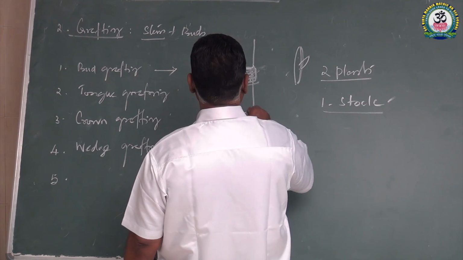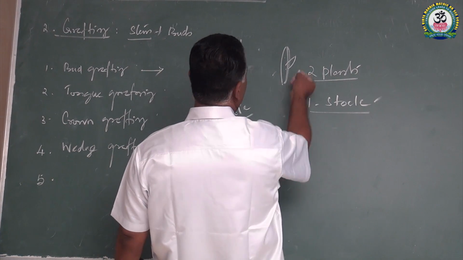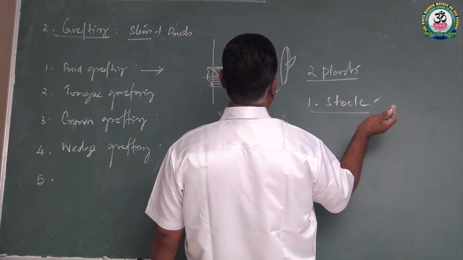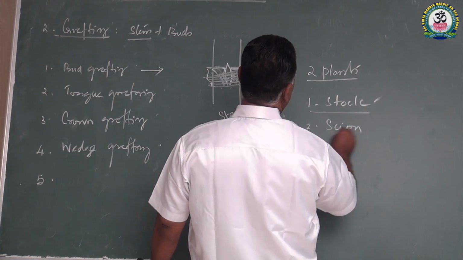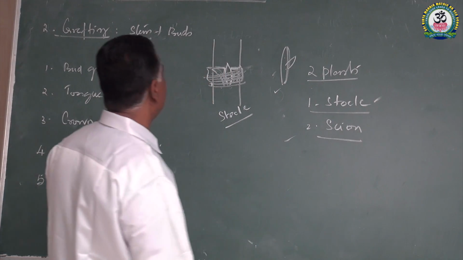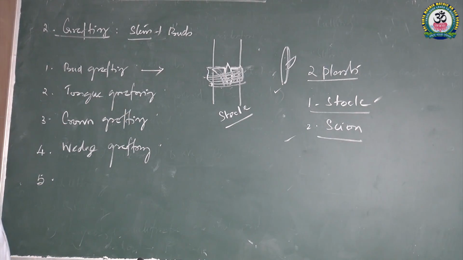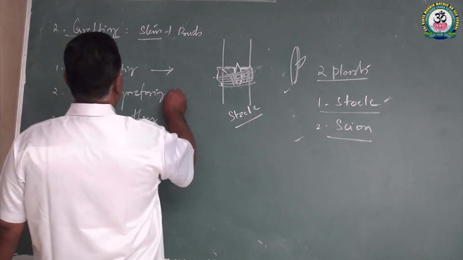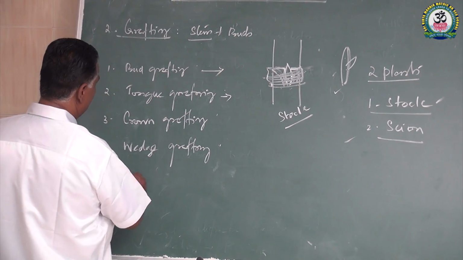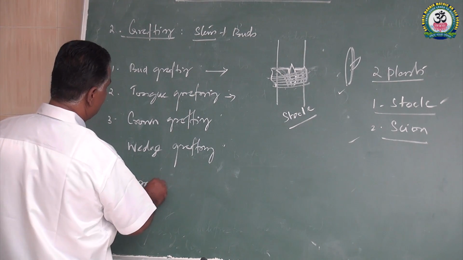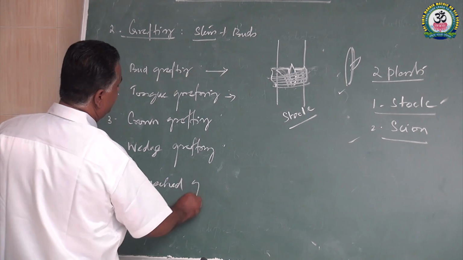This is stock. The other one, whose part is taken, is called scion. So two plants are involved in this, stock and scion. Then tongue grafting. The fifth one is approach grafting.